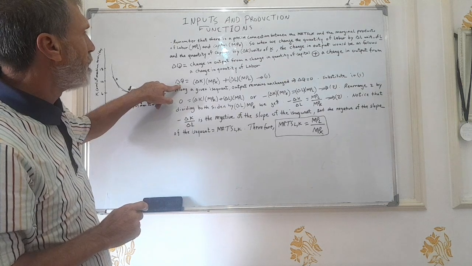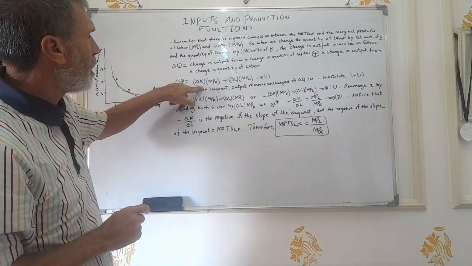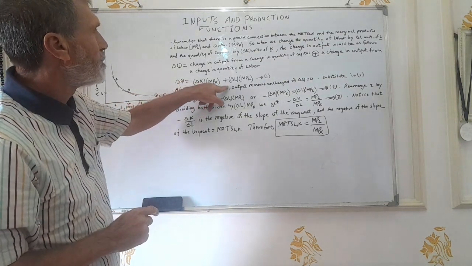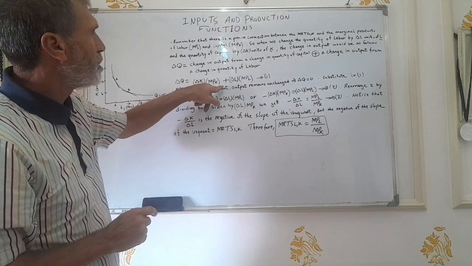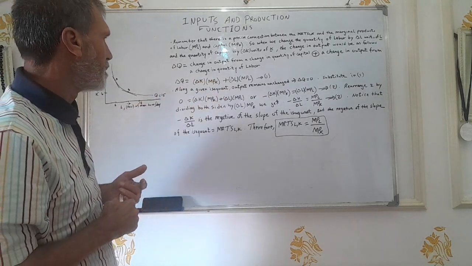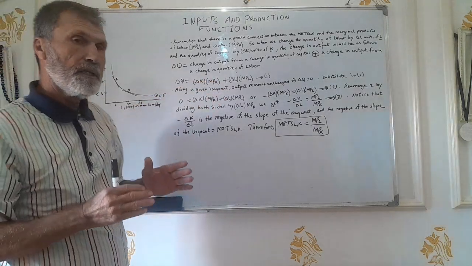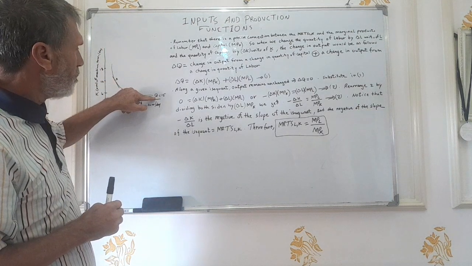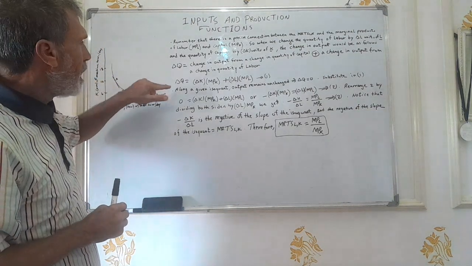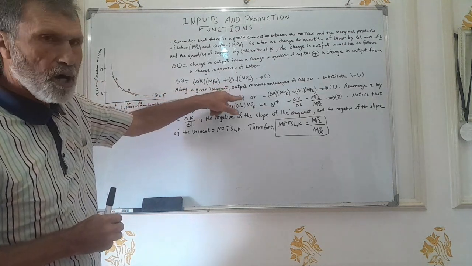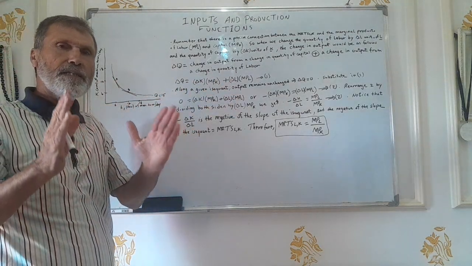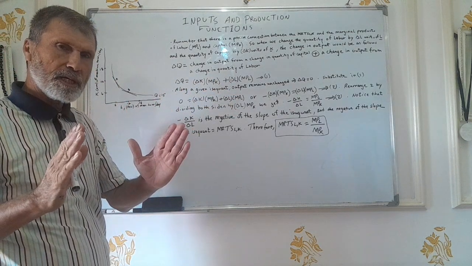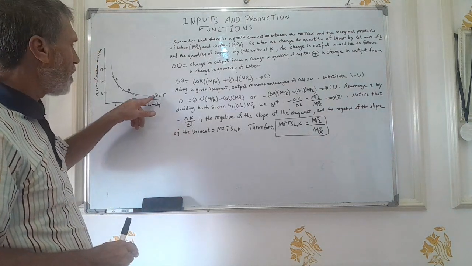The change in output is equal to the sum of those changes in the quantity of capital and the quantity of labor. Great. Now, remember, this is an isoquant where Q is equal to 15. Along a given isoquant, output stays the same. So there is no change in output.